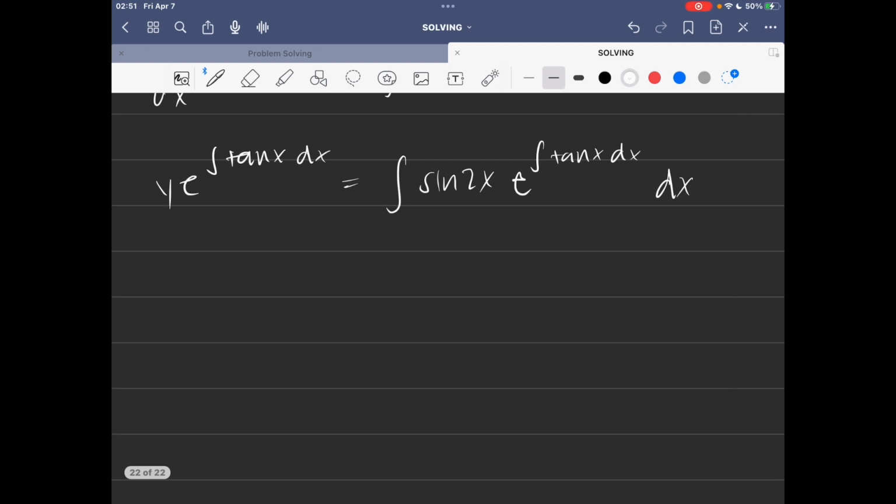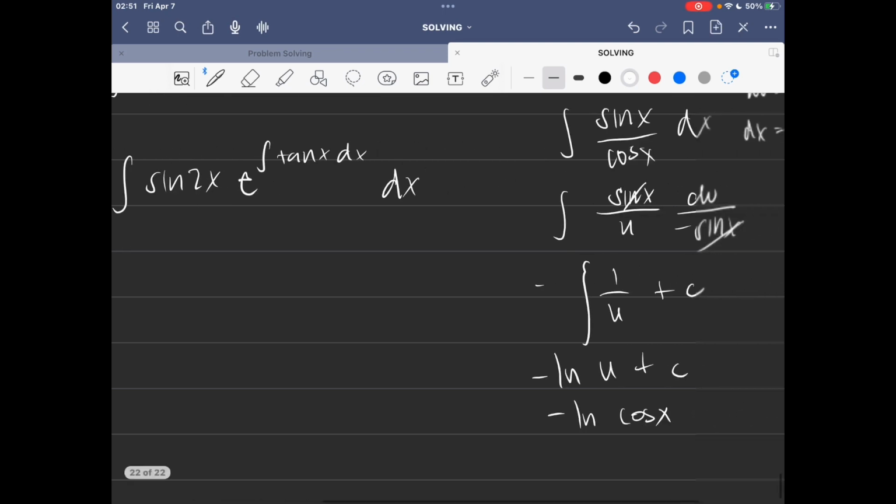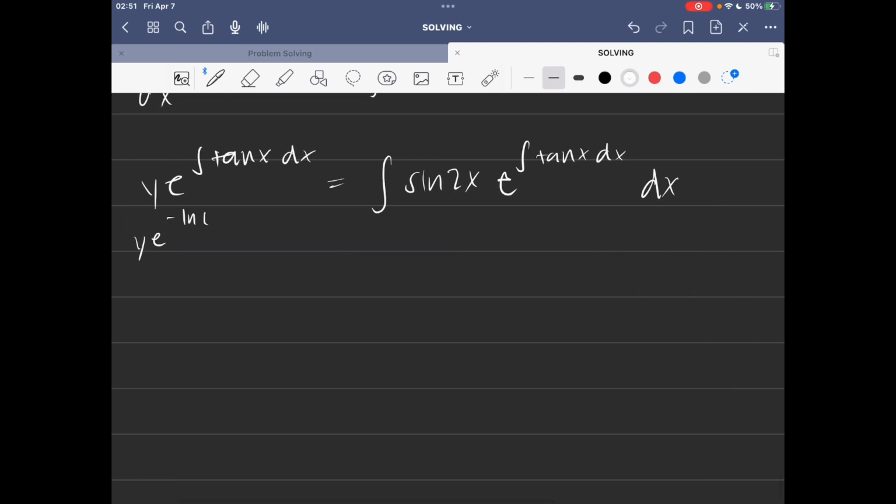So y e raised to negative ln of cos x is equal to the integral of sine 2x times e raised to negative ln of cos x. Then we are going to cancel the inverse e raised to ln.